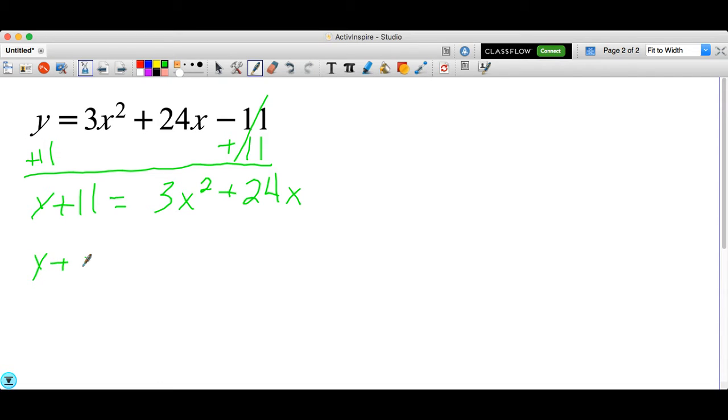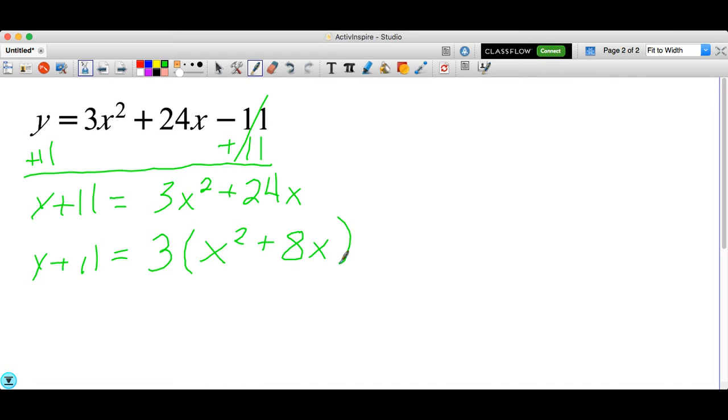So y plus 11 on the left. On the right-hand side, we're going to take the 3 out front. So then when we do that, we're going to set up parentheses for our new binomial. If we divided the 3 away from this 3x squared term, we'd have just x squared. And if we divide a 3 away from this 24x term, we have 8x, because 24 divided by 3 is 8.